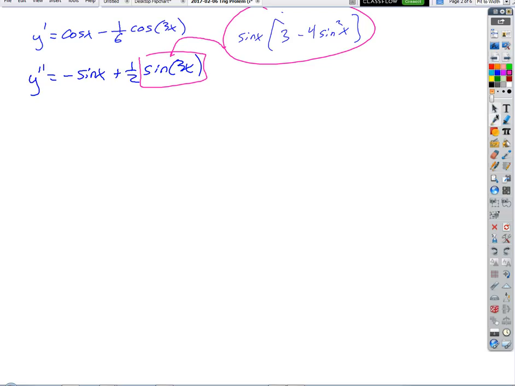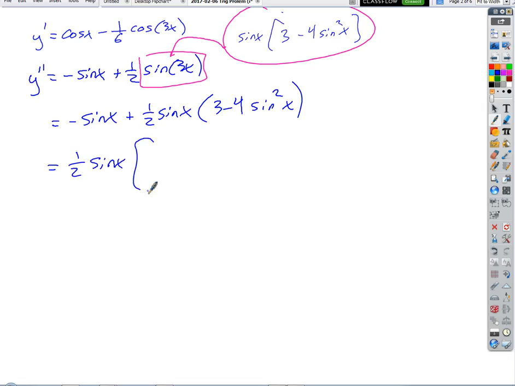So y double prime then is equal to negative sine x plus 1/2 sine x times 3 minus 4 sine squared x. So what could we do? Well, that's pretty easy, take a sine out of everything. Let's take a 1/2 sine x out of everything. Negative or leave the negative? We can just leave the negative, it's fine.